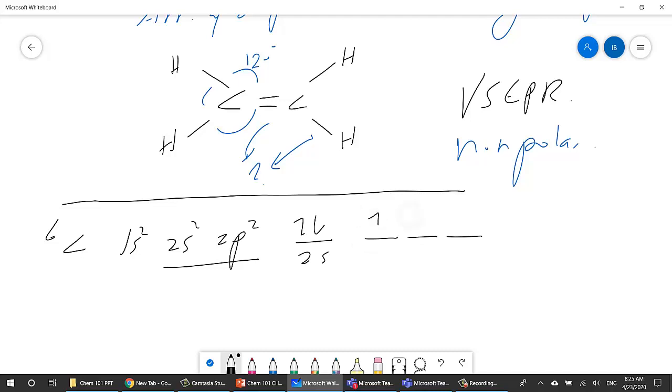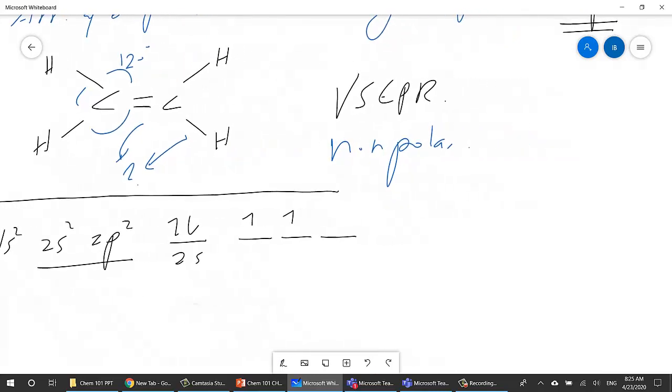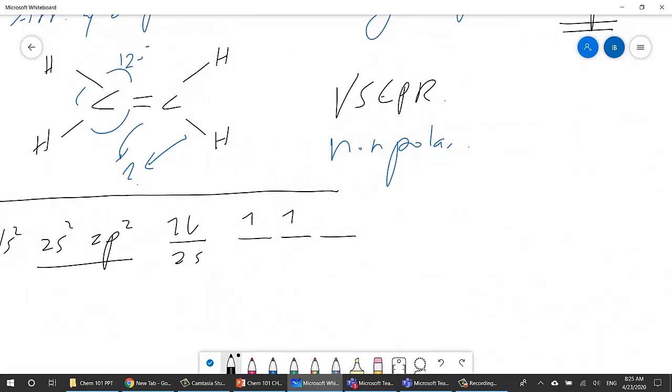Only the first 2 are occupied. Okay, this is an unhealthy situation for making bonds with hydrogen, because again the problem of paired and unpaired electrons. So in this case, what's going to happen? We have an electron that will travel from here to there. Okay, so we need hybridization, of course.